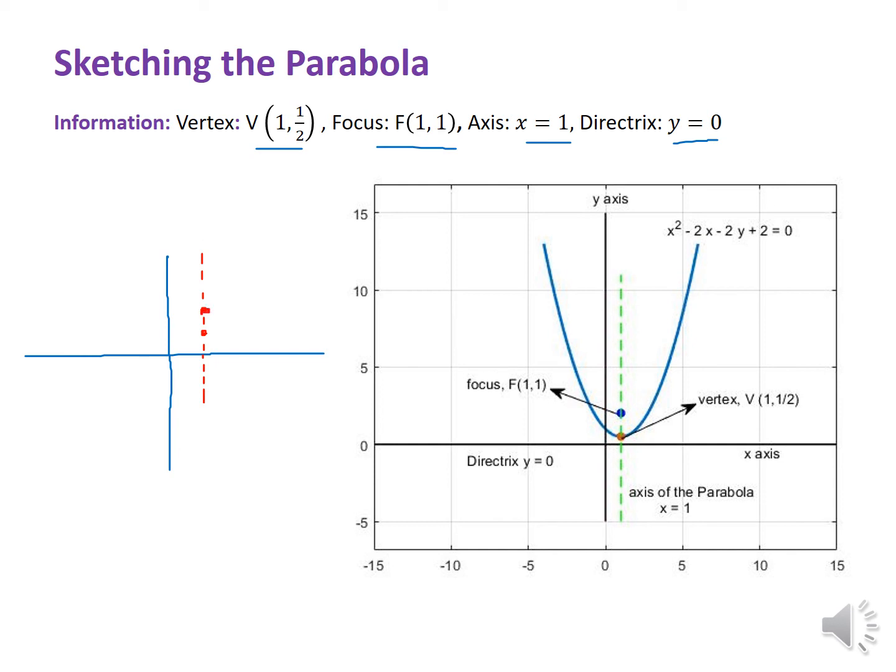So this is the focus, so the shape of the parabola will be like this. This is V, this is F, and this is the axis of the parabola.